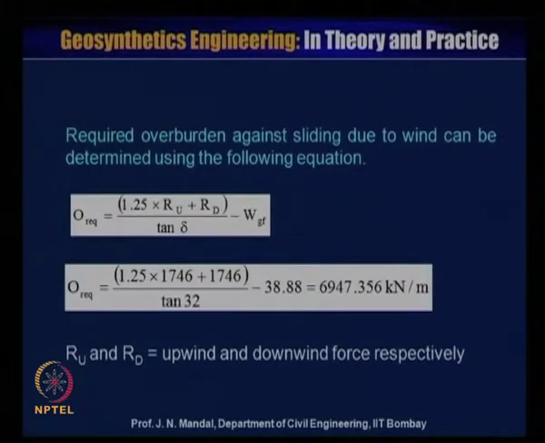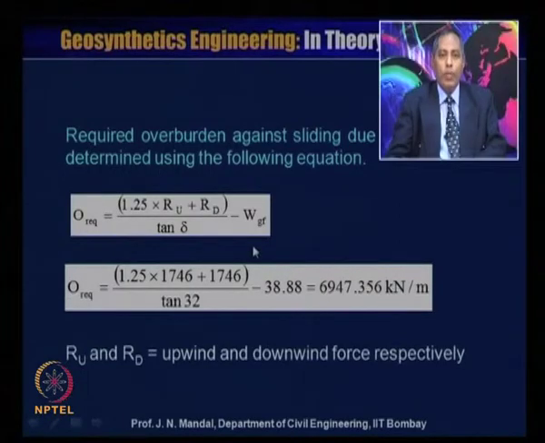Now, the required overturning resistance against sliding due to wind can be determined using the following equation: O required is 1.25 into Ru plus Rd divided by tan delta, minus W of Gf. So, O required is equal to 1.25, and we calculated Ru and Rd, that is 1746.